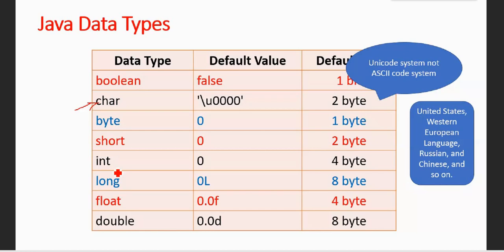Float and double. This is for differentiation between the double and float, because the double is called an 8 byte, which means it's a 64-bit representation.